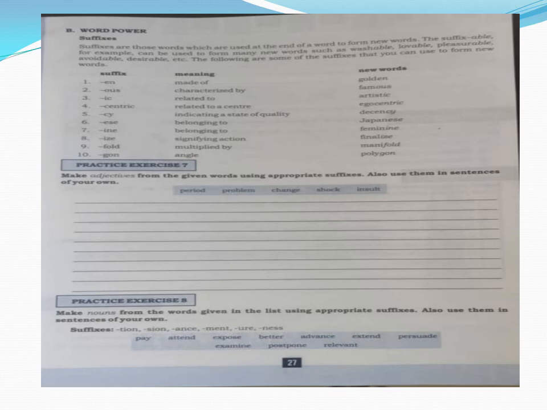See here on page number 27, one more exercise is given. Exercise, practice exercise number 8. Make nouns from the words given in the list using the appropriate suffix. Also use them in sentences as we have used the suffixes, and then we have changed those words.